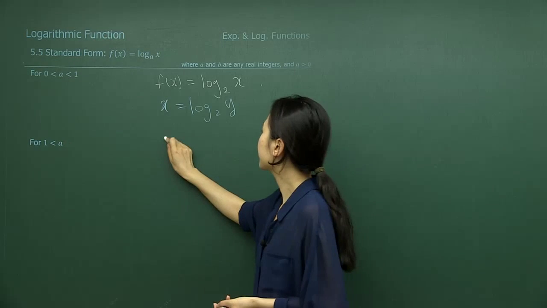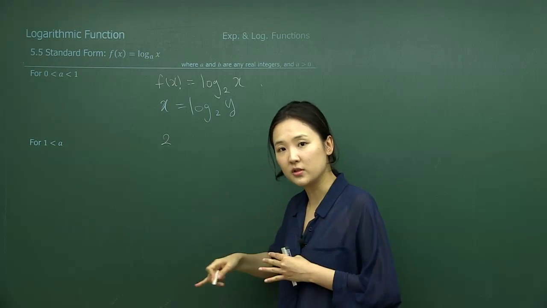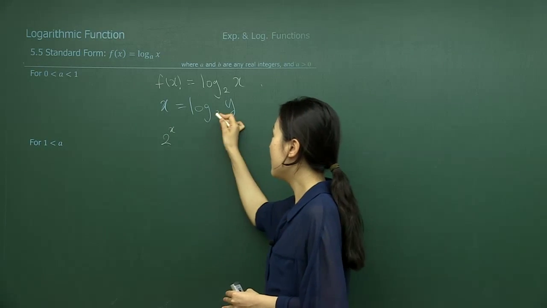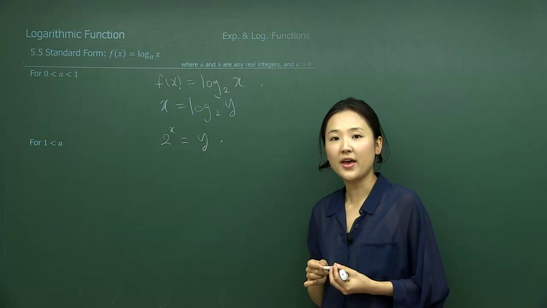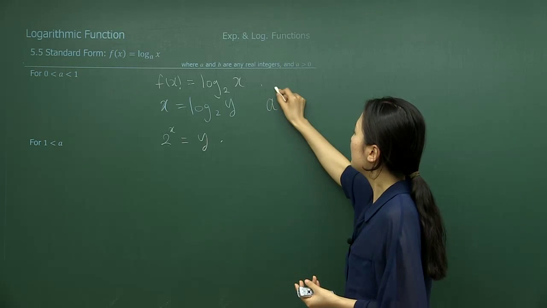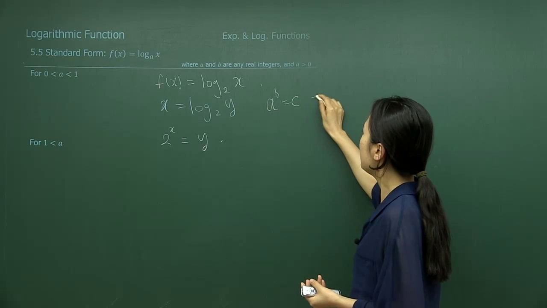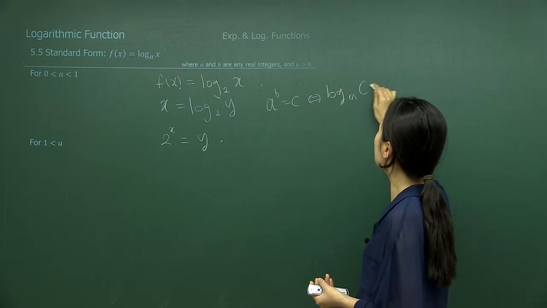Base is 2. The value over here is the exponent, remember? And this is what you will have to write over there. You see what's going on? We remember doing this: log with base a of c equals b means a to the b equals c.